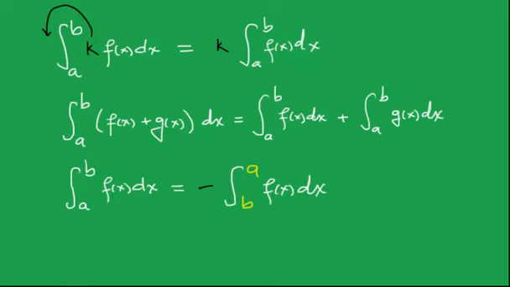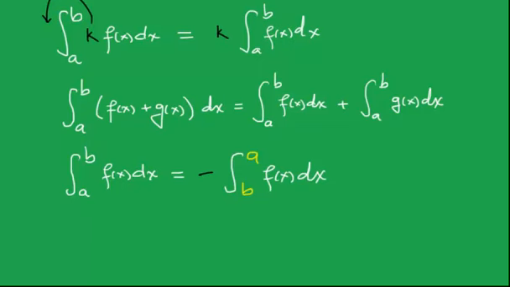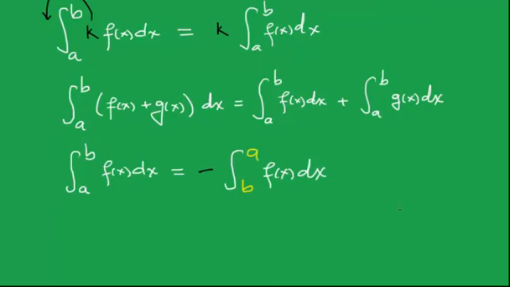And also a property that we're going to use a lot of times is when we have two adjacent intervals. Let's say we have a and b here, and somewhere in between we have c. It doesn't have to be in the middle. Let's say we have c here.